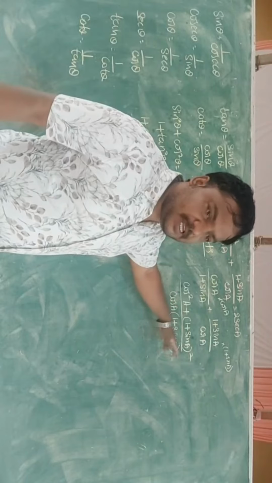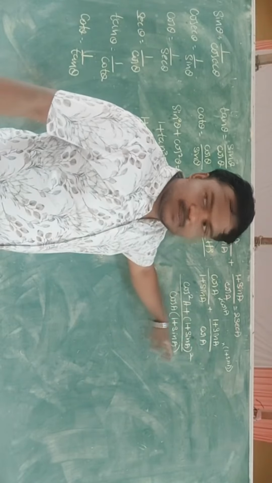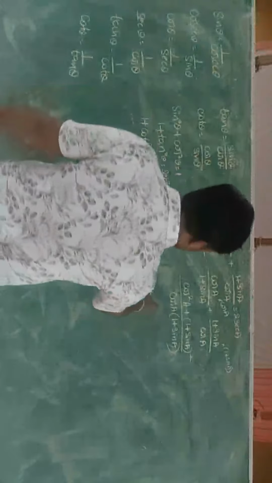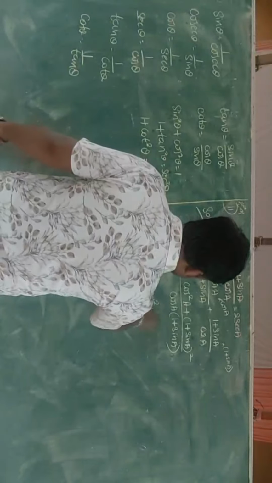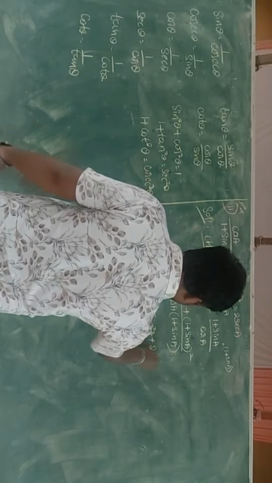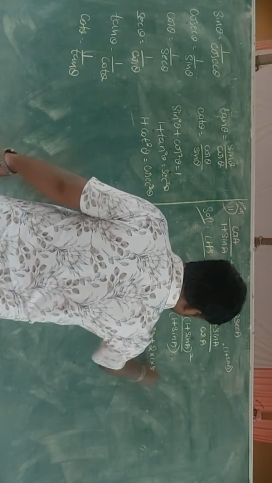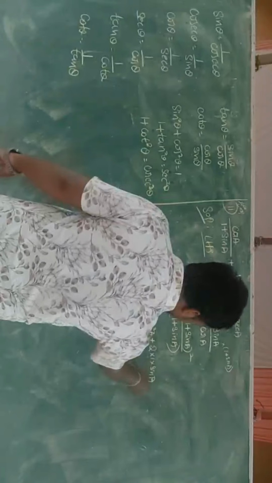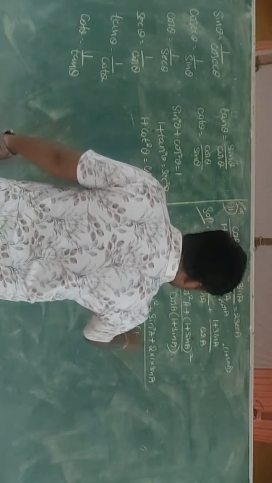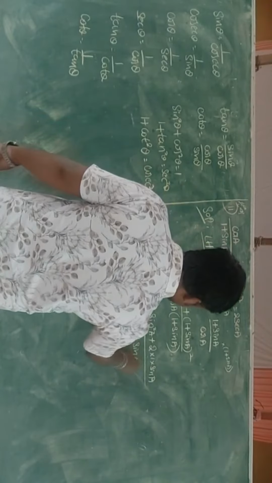The expansion of (A plus B) whole square is A square plus B square plus 2AB. So 1 square plus sin square A plus 2 into 1 into sin A, divided by cos A into 1 plus sin A.